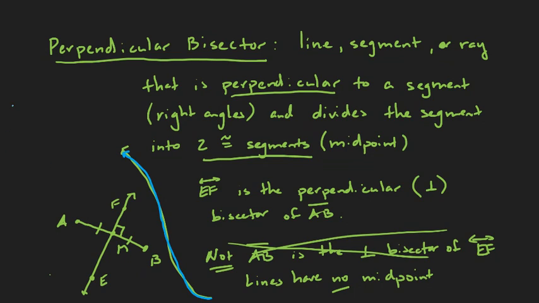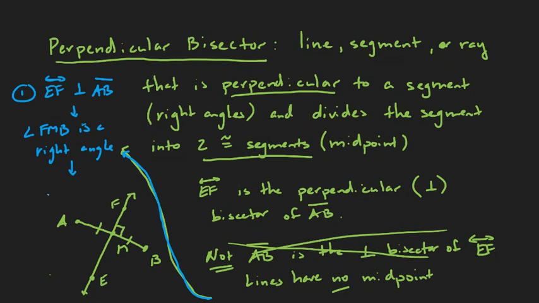So two statements I want to make based off of the fact that it's the perpendicular bisector. Number one, we know that line EF is perpendicular to segment AB. What this means is all of the angles at M, the vertex, for instance angle FMB, this angle that I have marked, is a right angle.